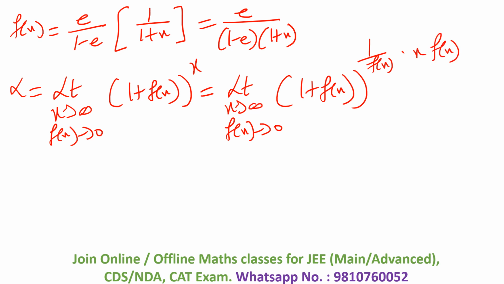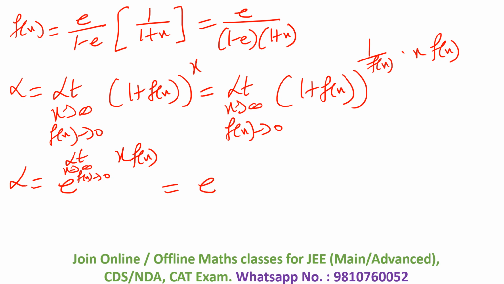Now students, we know that limit x tending to infinity (1 plus f(x)) whole power 1 upon f(x) can be written as e. So alpha becomes equal to e to the power limit x tending to infinity, f(x) tending to 0, x into f(x).